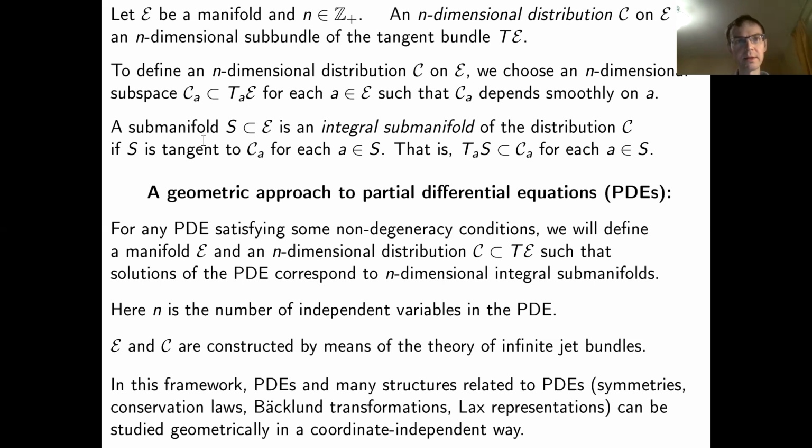And we need also integral submanifolds. A submanifold S is called an integral submanifold of the distribution if this submanifold S is tangent to the subspaces C_A for all points A. Now, the following geometric approach to partial differential equations is quite well known and is quite useful, as we will see.